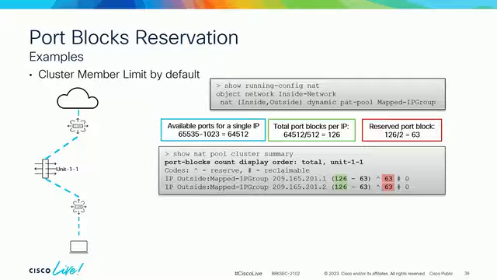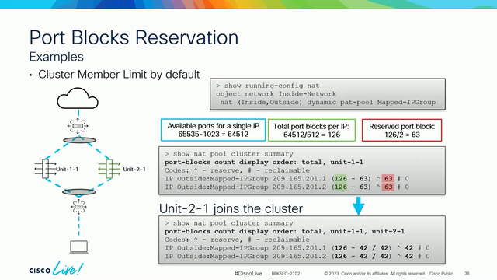Now, when the data unit joins the cluster, this output changes. Now we can see that out of 126 port blocks, 42 port blocks are owned by unit 1-1, 42 port blocks are owned by unit 2-1, and 42 port blocks are marked as reserved, so the cluster will not use them for allocating translations.